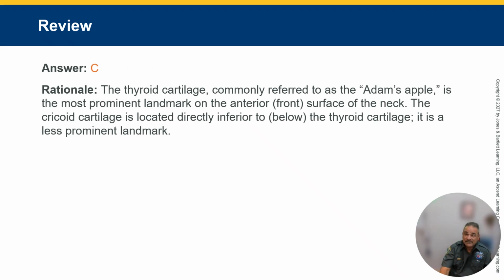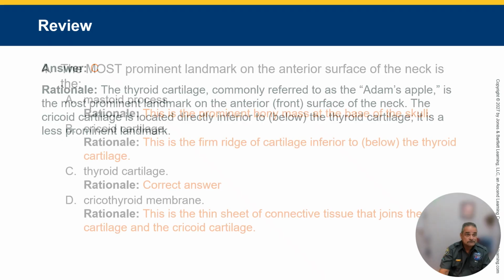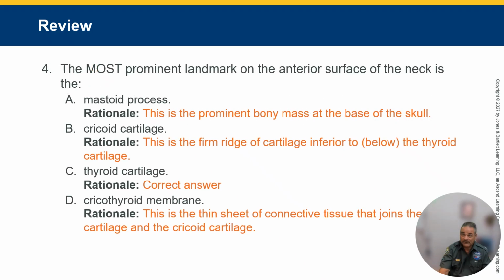If you answered C, you are correct. Good job. Thyroid cartilage. The Adam's apple, remember? That's the most prominent. And that word most, you always got to pay attention to how the question is worded and any italics words or capitalized words, those kind of things. The most, there you go, there's your rationale.